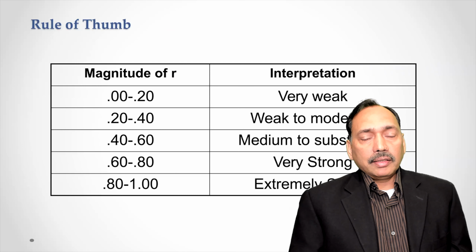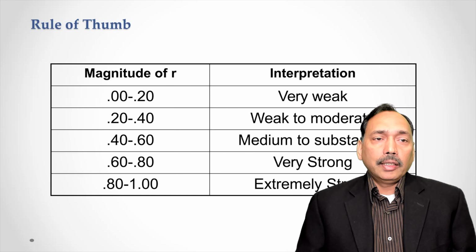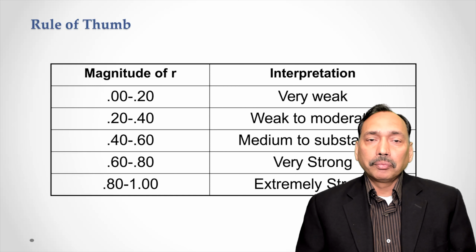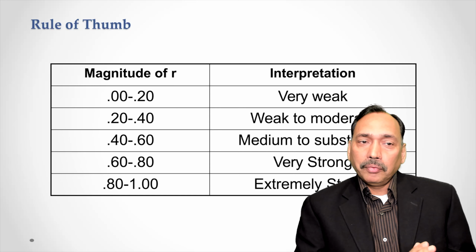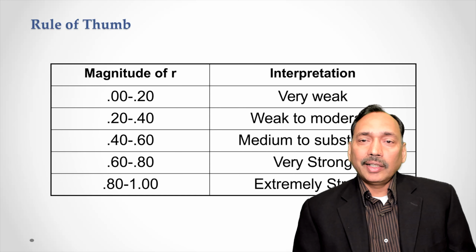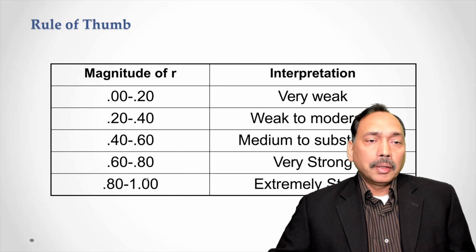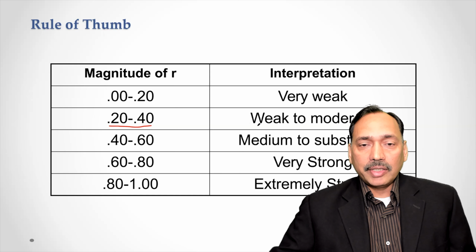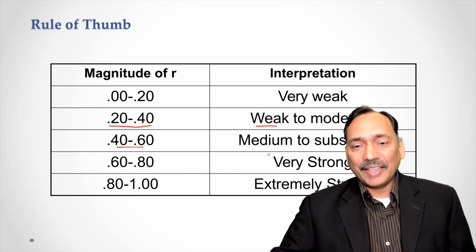So this is a small table that gives us a rule of thumb in terms of the values. If the magnitude of R lies between 0 and 0.2, so 0 is obviously no correlation, but when it starts to increase, we may see some weak relation between X and Y. If the values are between 0.20 and 0.40, relation may be said to be weak to moderate. 0.40 to 0.60, medium to substantial.